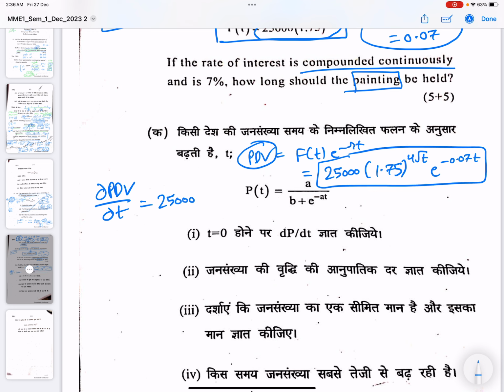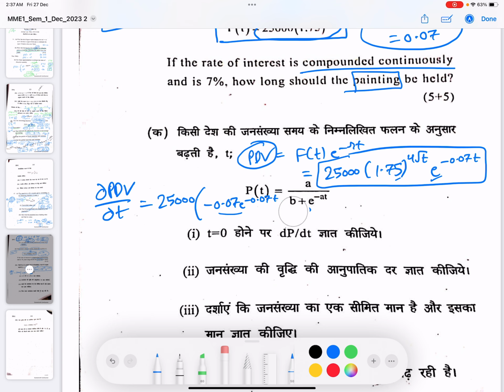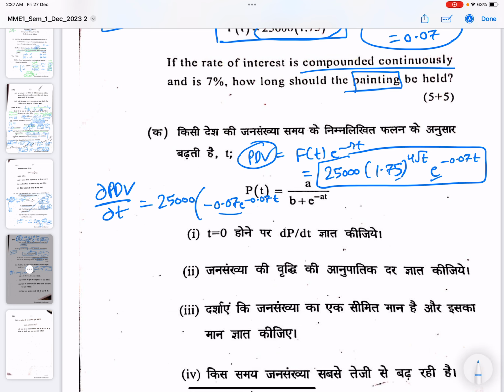Now if we differentiate this, using first function into derivative of second plus second into derivative of first: the derivative of e to the power minus 0.07t is minus 0.07 e to the power minus 0.07t, into 1.75 to the power 4√t. Then the second function as it is, e to the power minus 0.07t, into the derivative of the first.